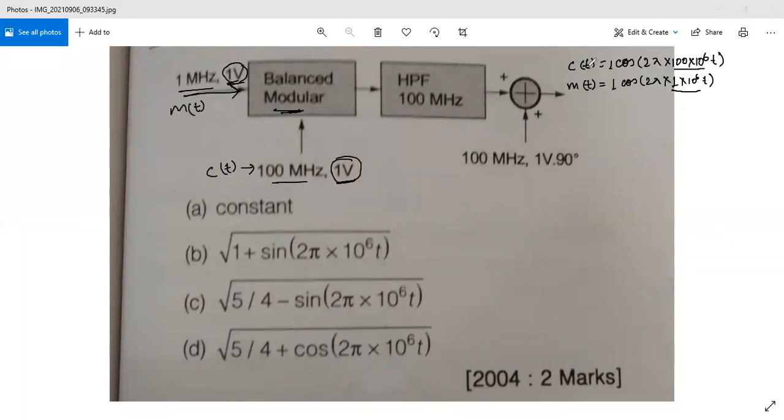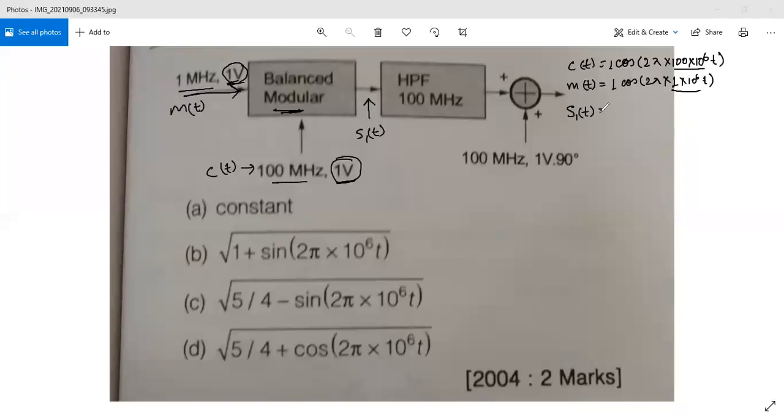As both of these signals are passing through the balanced modulator, we will have a double sideband suppressed carrier. So let the output of this DSBSC signal be S1(t), the output signal of the balanced modulator. So S1(t) is what?